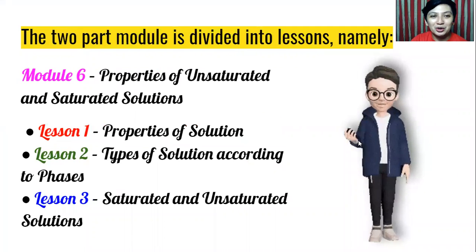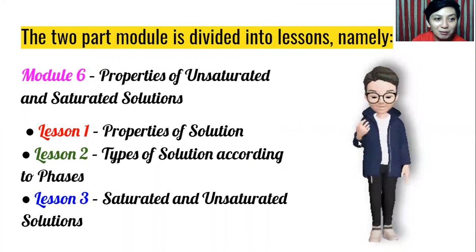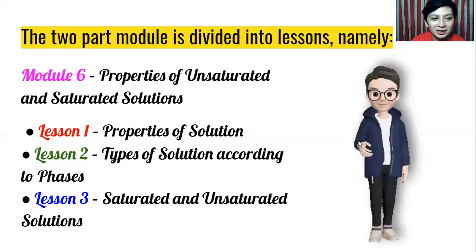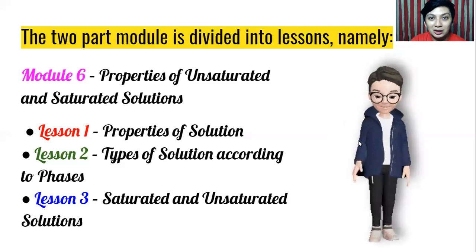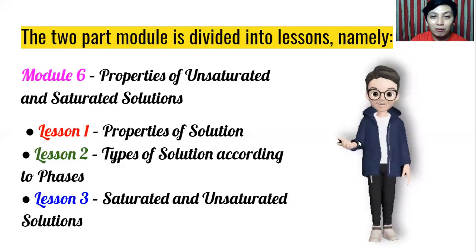So the two-part module is divided into lessons, namely our module number 6, properties of unsaturated and saturated solutions. For lesson number 1, we will tackle about properties of solution. So dito, ano yung mga pwede nating malaman or overview about solutions. Lesson number 2, we are going to tackle about types of solution according to phases.